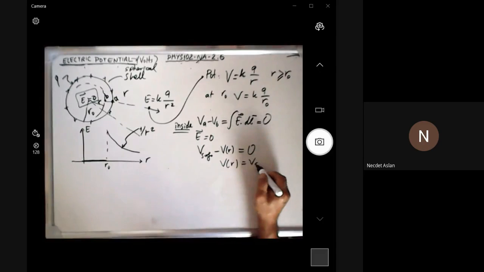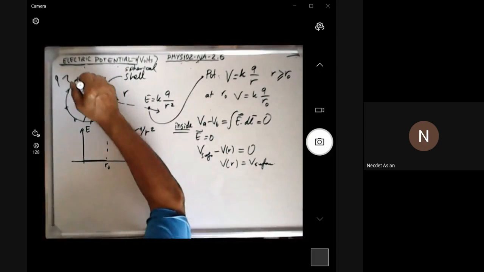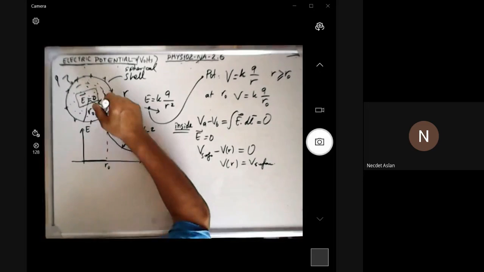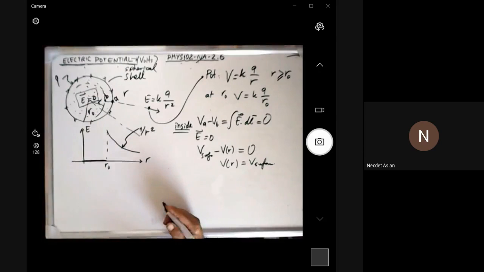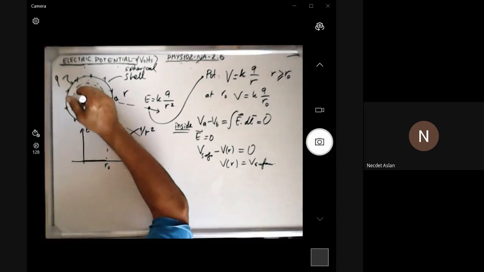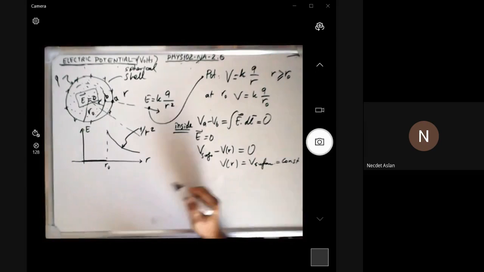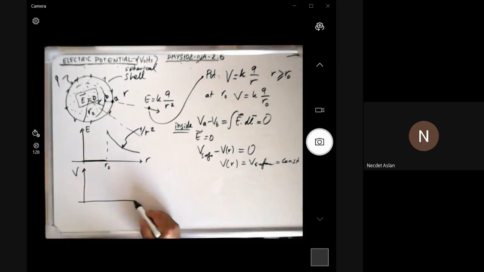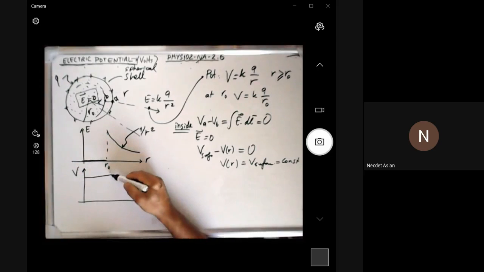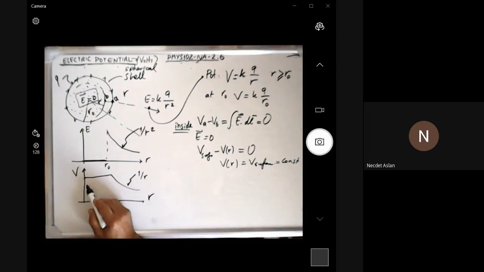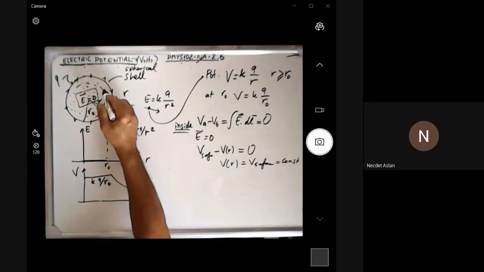It means that all the points inside will be at equal potential. Whatever the potential here, maybe 200 volts, inside you can measure 200 volts everywhere, the same. So the potential will be constant inside. If you draw the potential as a function of r, it will be constant, and then drop like 1 over r, with the constant being k q over r0. This is the constant potential inside the Faraday's cage.